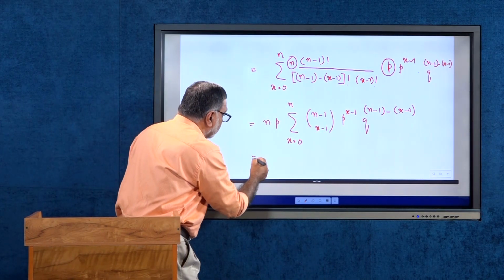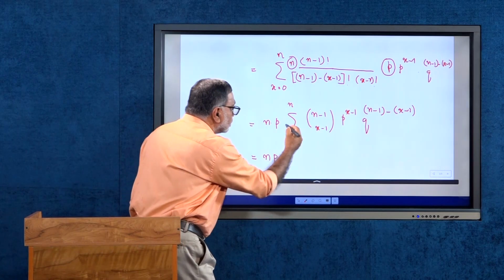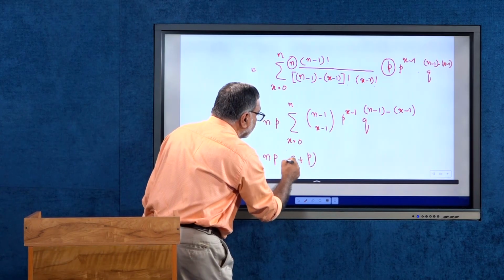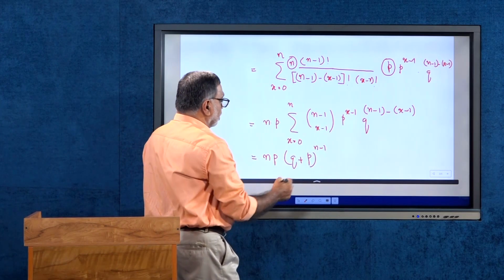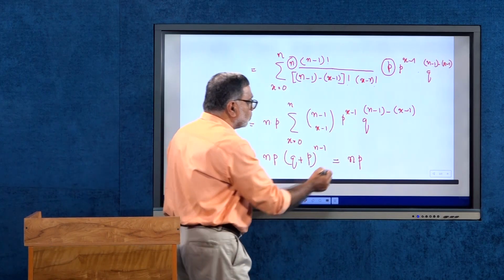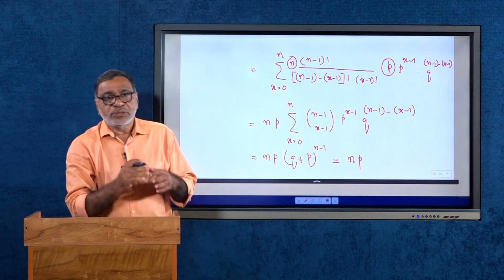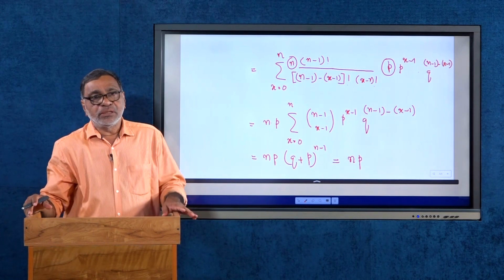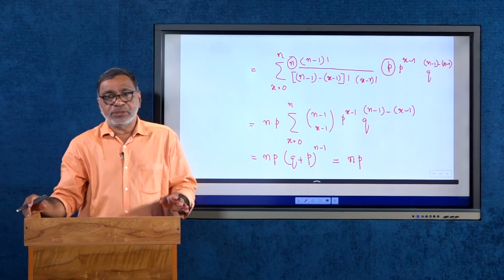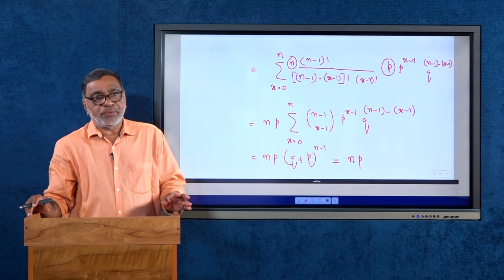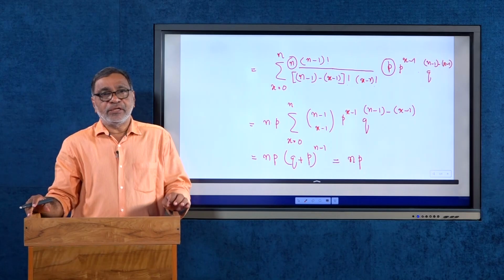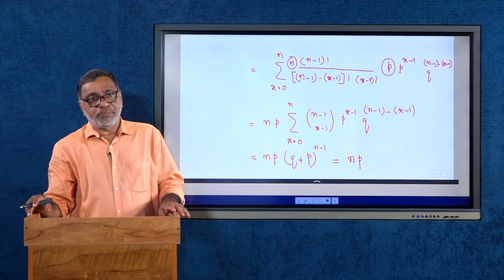So, that is nothing but np into this expression, which is actually (q+p)^(n-1), and that is the same as np into (q+p) which is 1. So, this is np. This is the way we establish that the mean of the binomial random variable with parameters n and p is np. So, remember, if X is a binomial random variable with parameters n and p, the mean is equal to np.